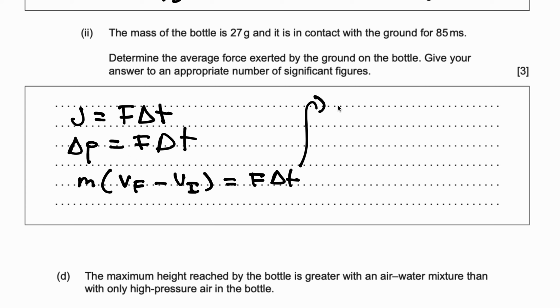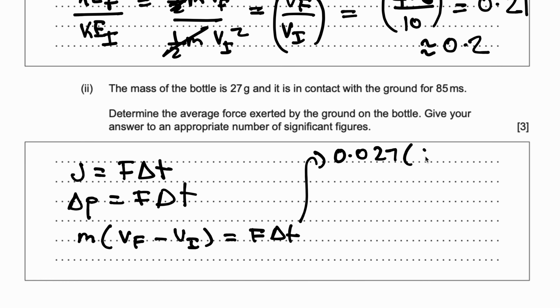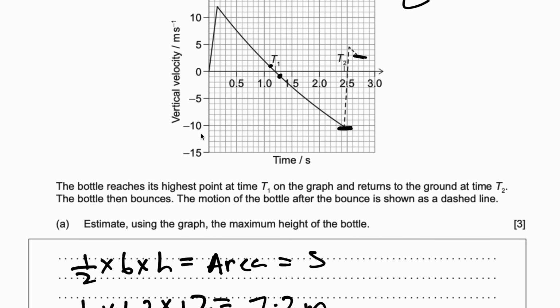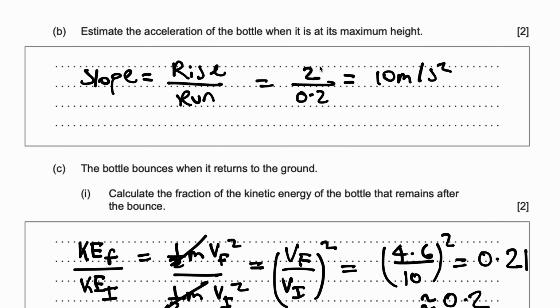We know the mass of the bottle needs to be in kilograms, 0.027 times what is the change in velocity? Well, the final velocity I'm getting is 4.6 minus of minus 10 right there, because this is as it hits the ground and that is as it leaves.